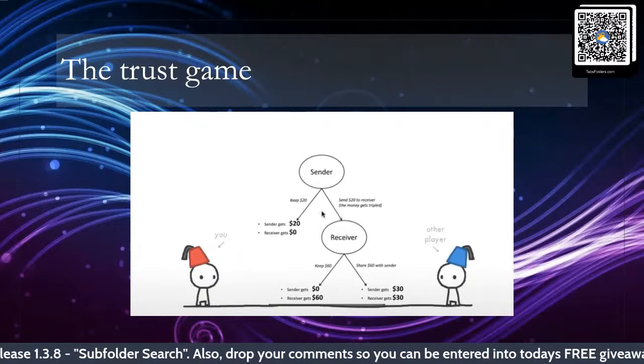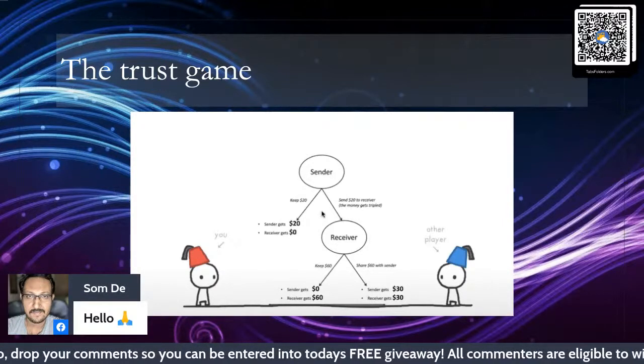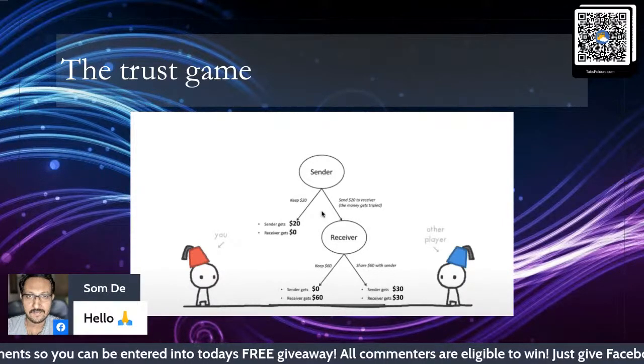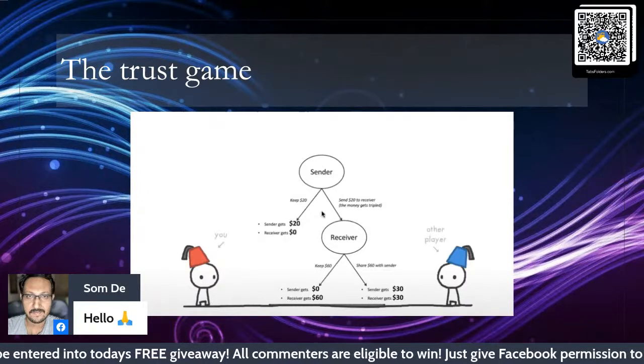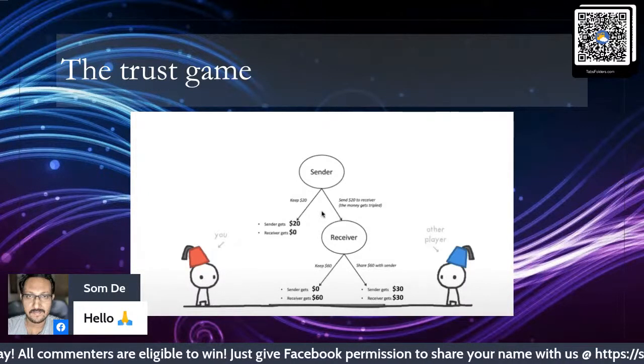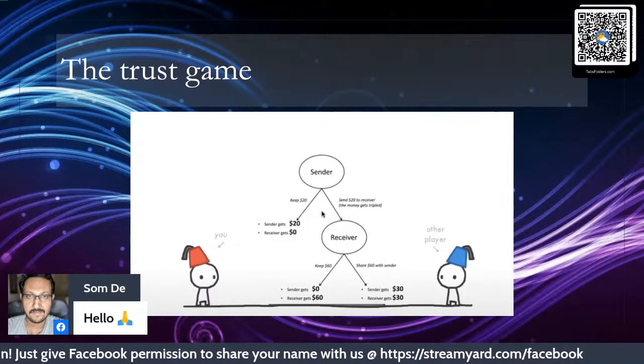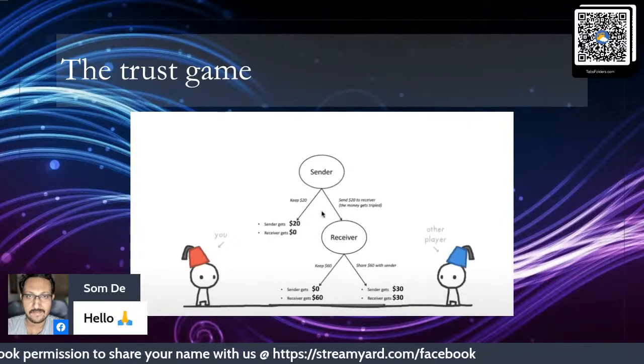But this is an example of, again, the trust game, and a real, study-based example of human psychology. Sometimes we trust too much because, in general, in life, in society, we find that when we are trusting, it has huge benefits.